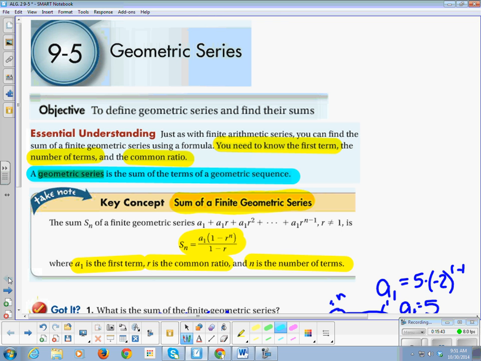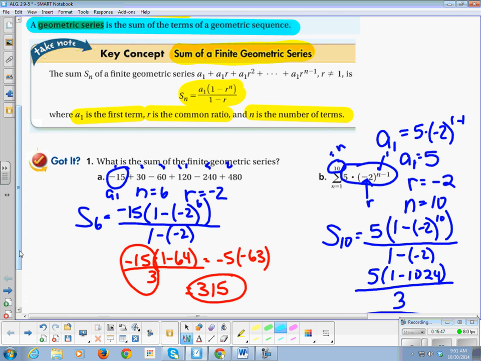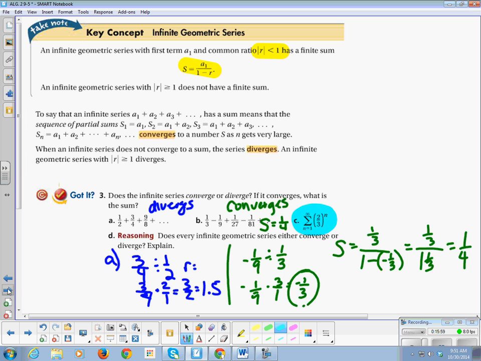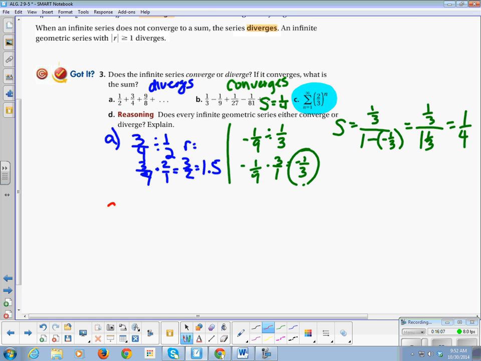If we look back at the one before, which was our common ratio? Yeah, inside the parentheses with the exponent. So if we apply that same pattern to here, what's our ratio going to be for C? 2/3. So for C, we know that our ratio is 2/3.